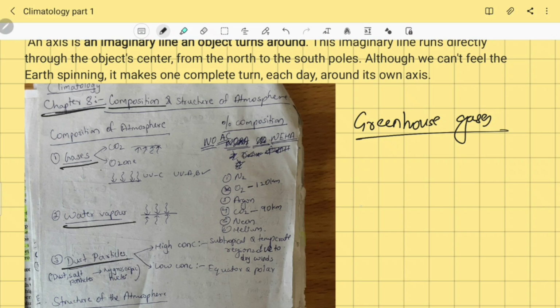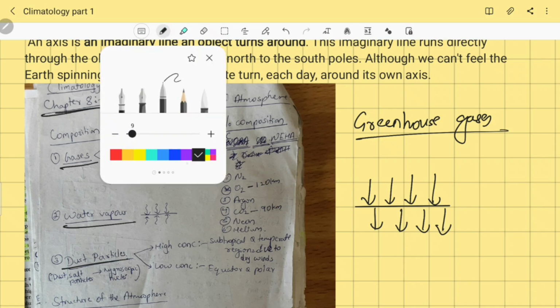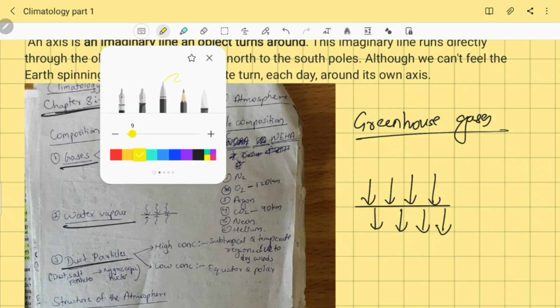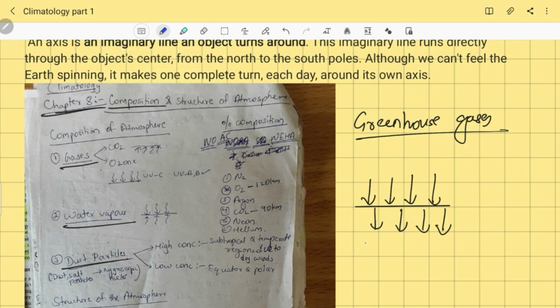Like say this is the atmosphere. So now they allow sun radiation to enter the earth's atmosphere, but when heat is radiated from earth, they do not allow it to go back into space, they just block it here.